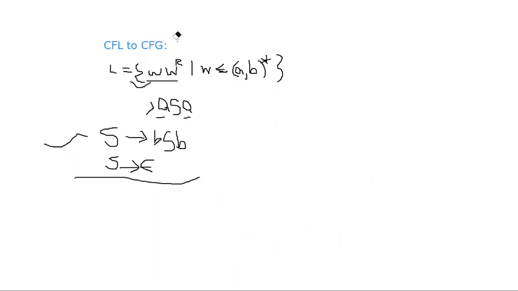Suppose we change the language to WCWR. Here W word and word reverse are separated by C. Very simple.